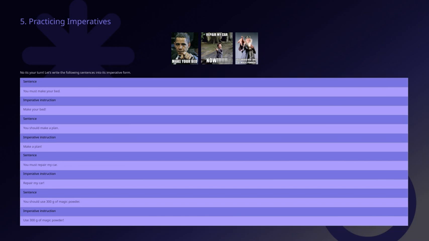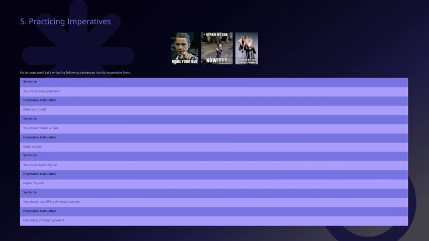The key point here is that imperative sentences give commands, make requests, or offer instructions. They usually start with a verb like make or repair, and don't include the subject, you, explicitly because it's understood. We can see the same pattern with "you must repair my car," turning into "repair my car." And "you should use 300 grams of magic powder," becoming "use 300 grams of magic powder."